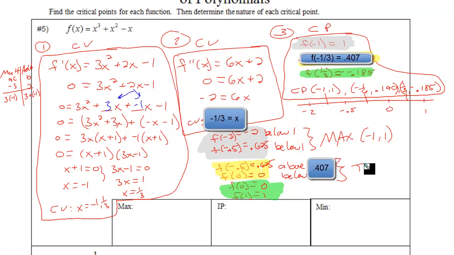If some of your points are above and some are below, then it's an inflection point. And then down here, comparing the 0 and the 1 to the negative 0.185. 0 is above it. 1 is above it. That's a minimum.